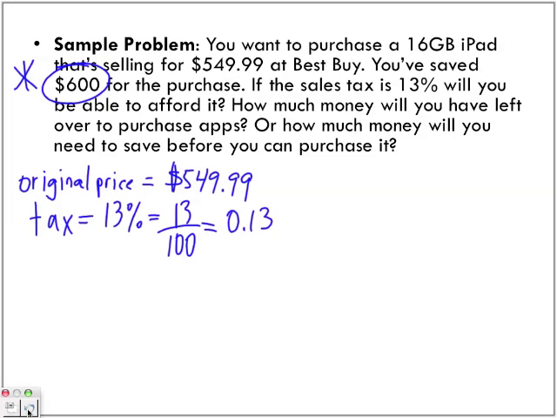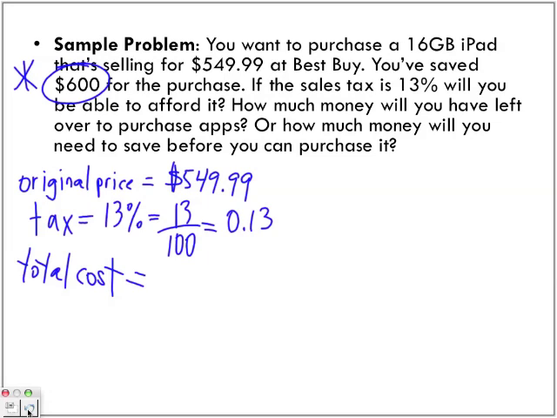Really the question isn't asking us what the actual cost of the iPad is. We want to find out, can we afford it? Is there going to be money left over in the end? So in reality, yes, we are trying to find the total cost, but the real question comes up once we've found the total cost.